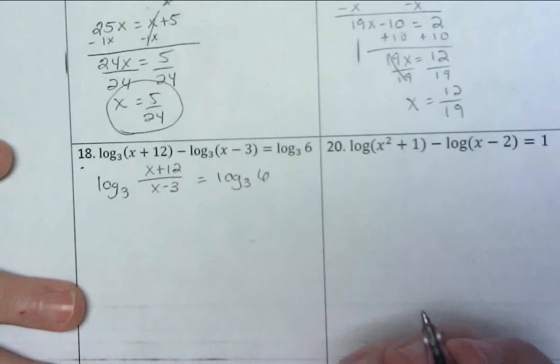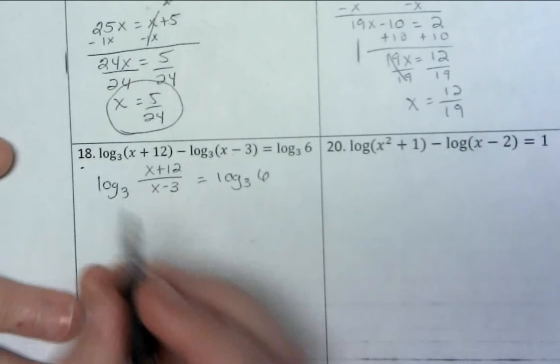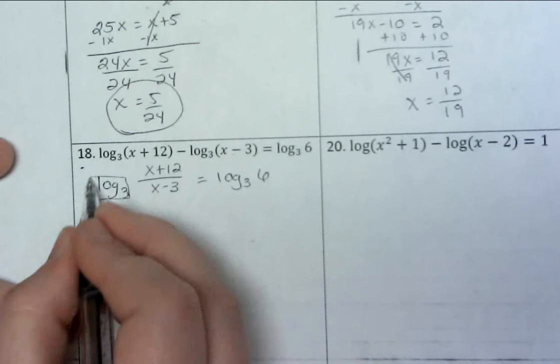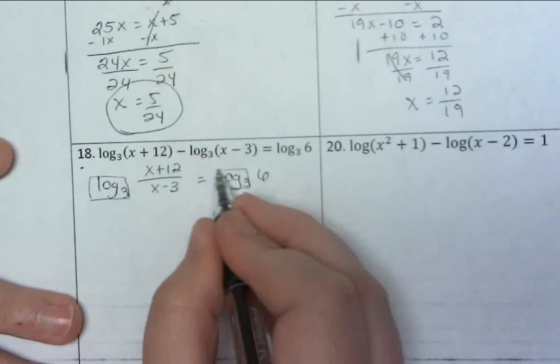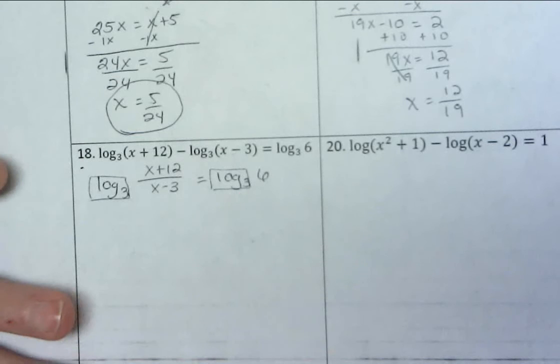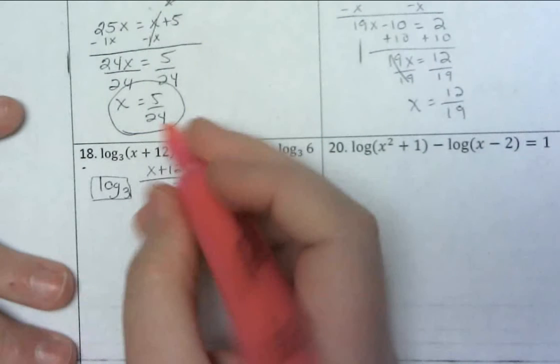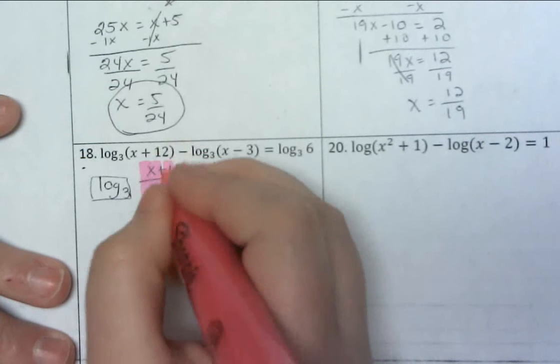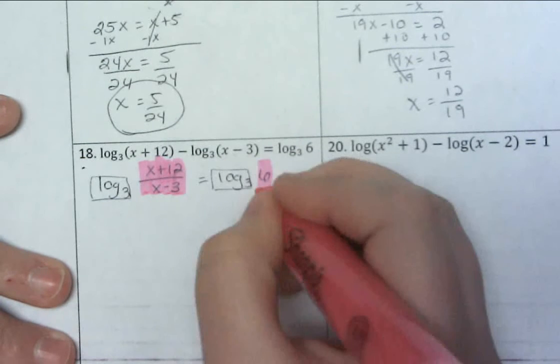Okay, so when we have a log with the same base on each side, then that means that we can take our expressions here and set them equal to each other.